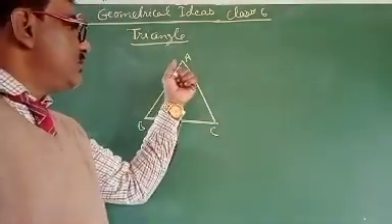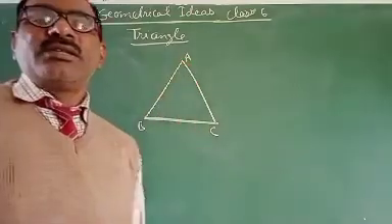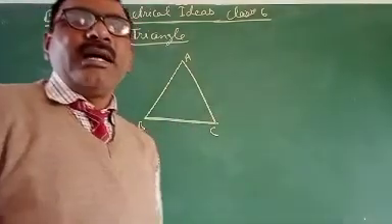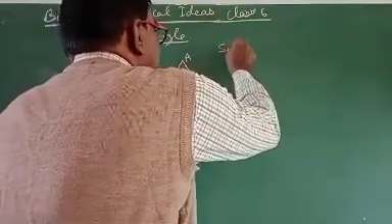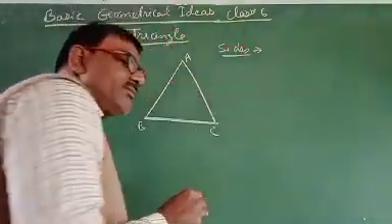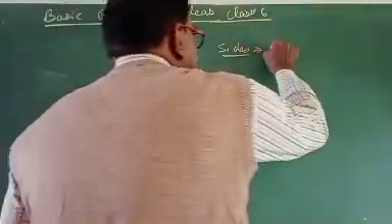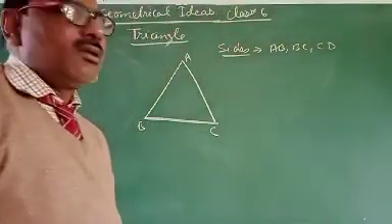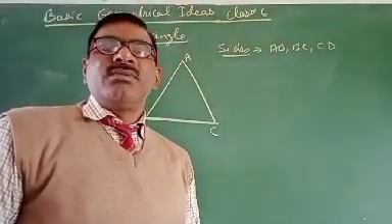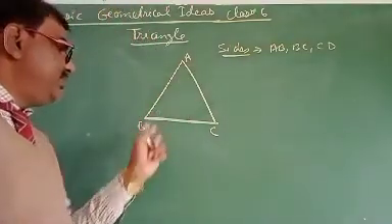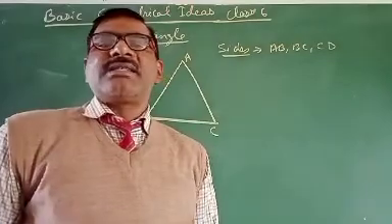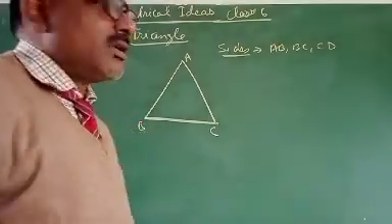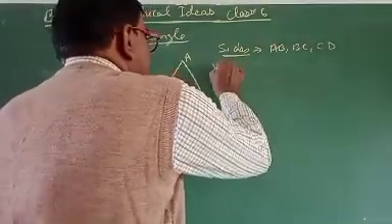And here there are also three angles: angle A, angle B, angle C. Here AB, BC and AC are called the sides of the triangle. The sides are AB, BC, and CA.